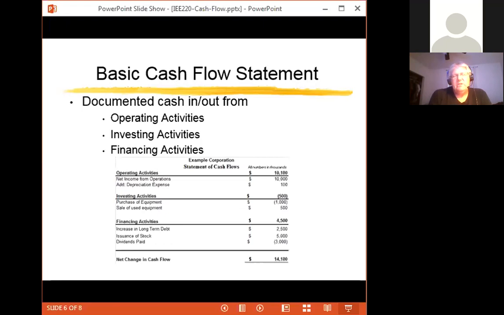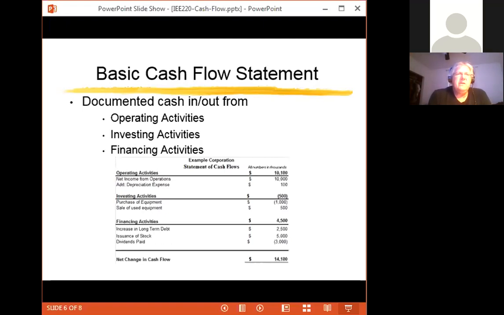And on the balance sheet, it shows up as an asset and probably a liability if they borrowed money for it, or it shows up as an asset and an increase in the owner's equity if they didn't borrow money for it.